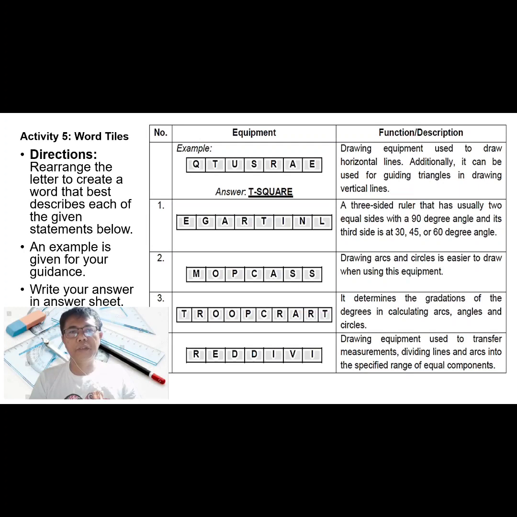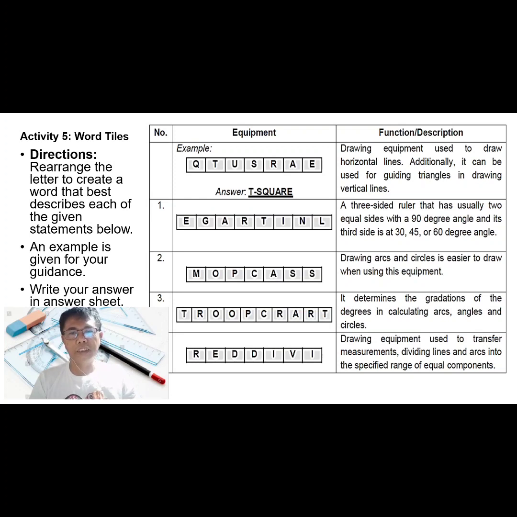For activity number 5, word tiles. On the right side of the picture, we have 2 columns. First column is the equipment with scrambled letters. Then the next column is the function or the description.